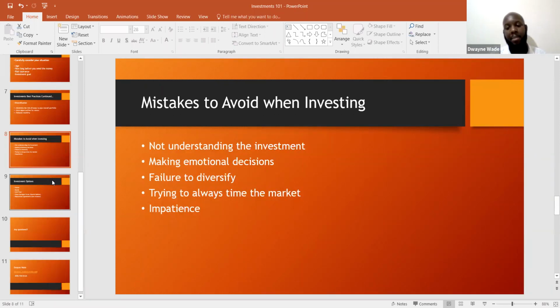Impatience. And let me tell you what I mean by impatience. If you purchase an asset, and in your mind, you initially say, okay, I'm going to hold this stock or this particular security for 5 years. After 1 year, the price goes up a bit, but not as much as what you anticipated. So you just kiss your teeth and say, I don't care about this, this now makes me no money. Sell it.